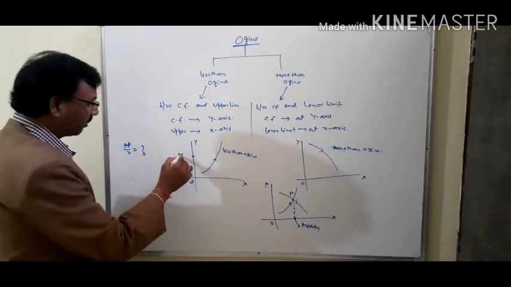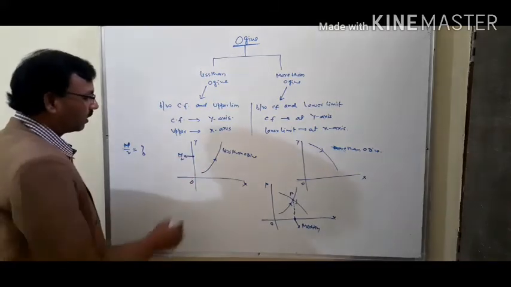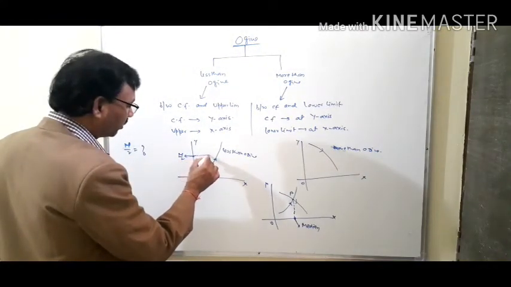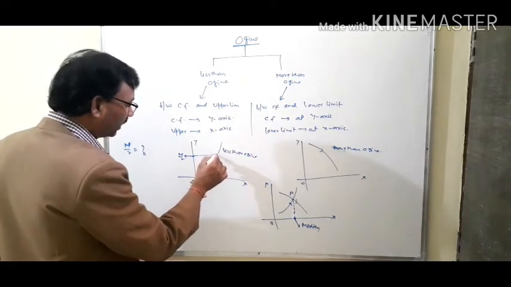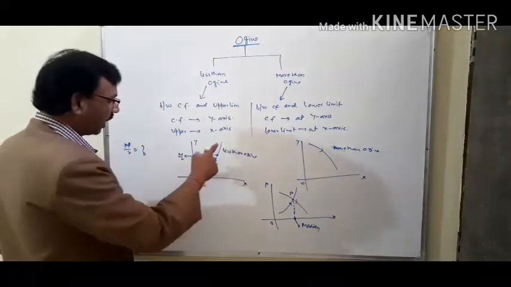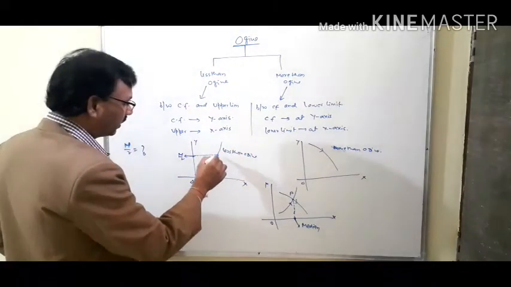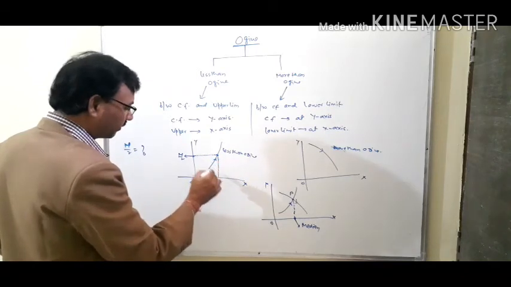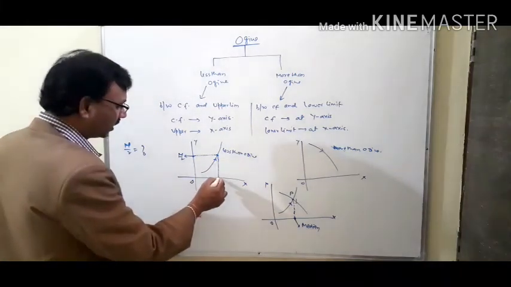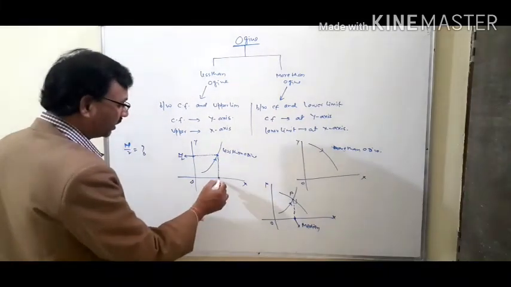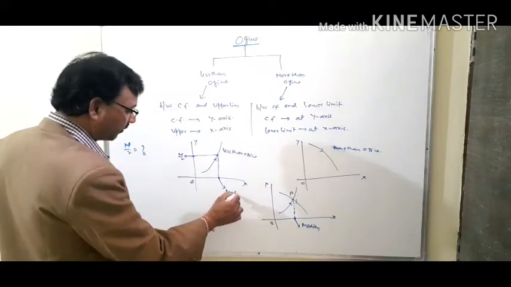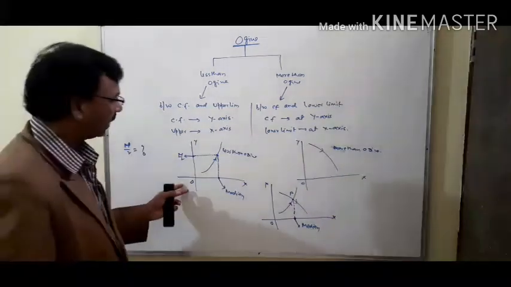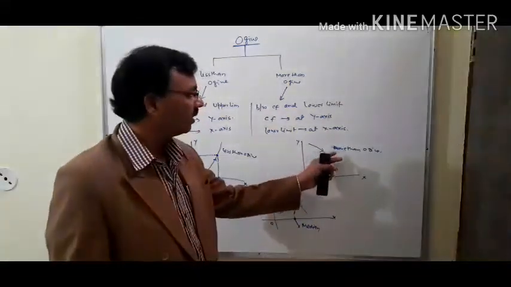Then we draw a line horizontal, or parallel to the x-axis, and this line intersects the graph at a point. From that point we draw a perpendicular on the x-axis, and the point where this perpendicular cuts the x-axis will be the median. In the same way, we can find the median from the more than ogive.